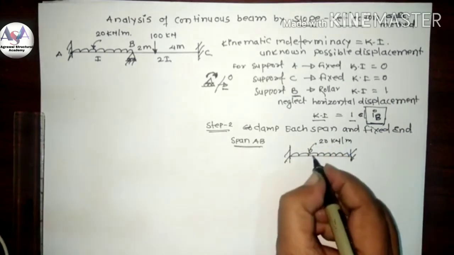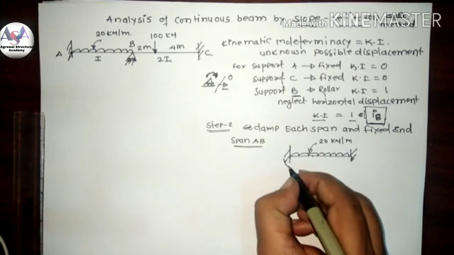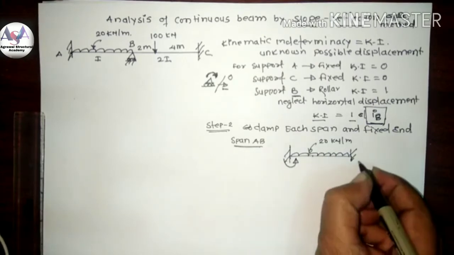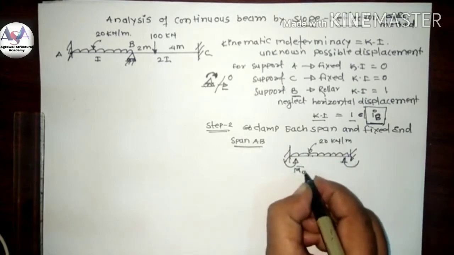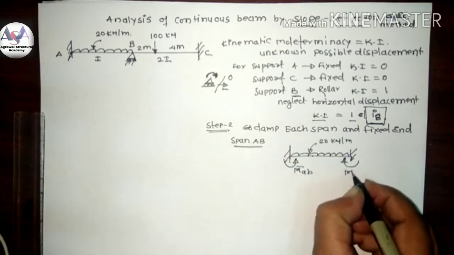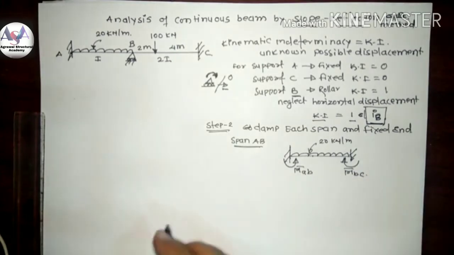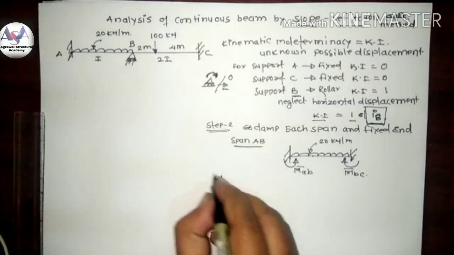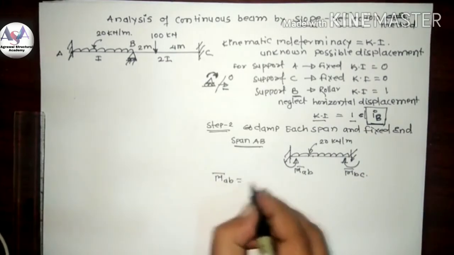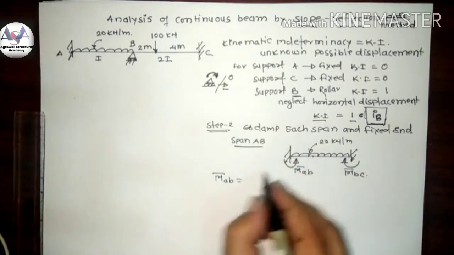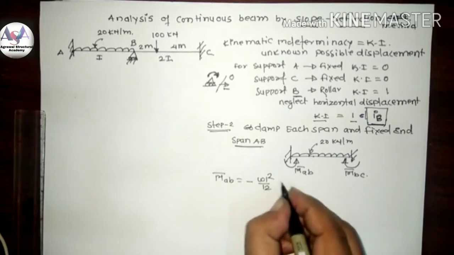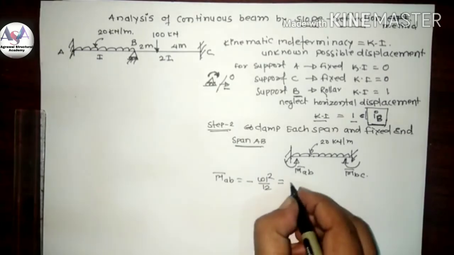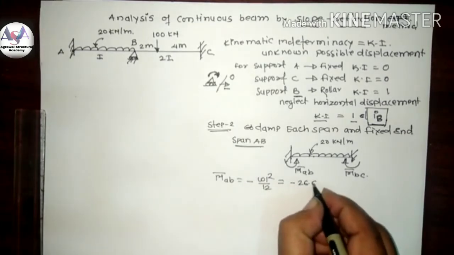We know this UDL develops fixed end moments like this at both ends, and this is M bar AB and this is M bar BA. So M bar AB is equal to, this is anticlockwise, so minus WL square by 12, and that is equal to minus 26.67.